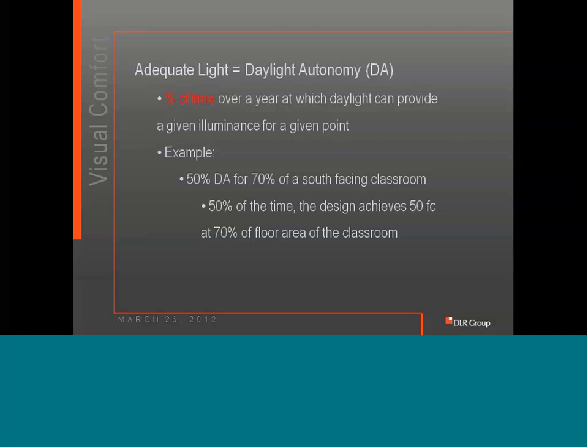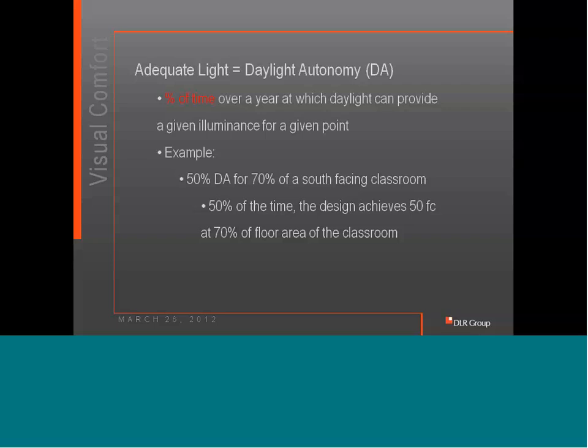Because if you use the single point method, you would only know whether this space achieves 50 foot candles at any given point in time. You would have to do that at multiple points in the year to understand the daylighting in the space throughout the year, which is where daylighting autonomy comes into play. So it's very important that we start using daylighting autonomy to understand the full impact in a year.